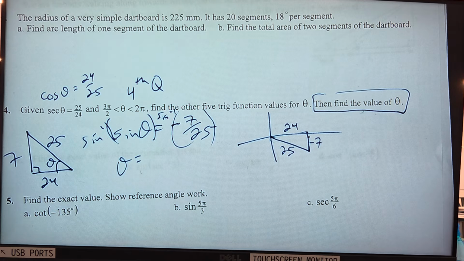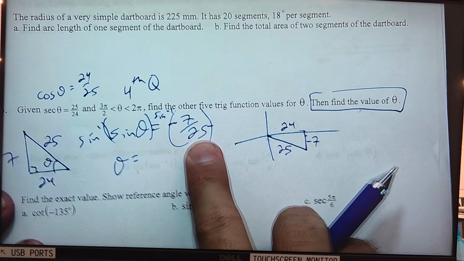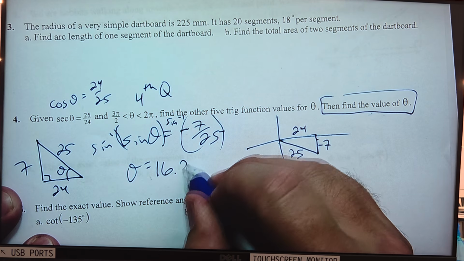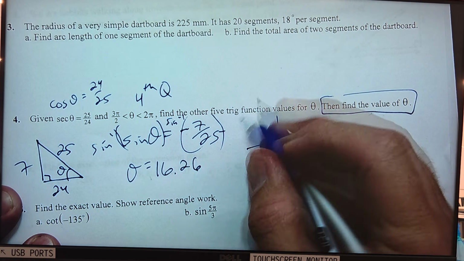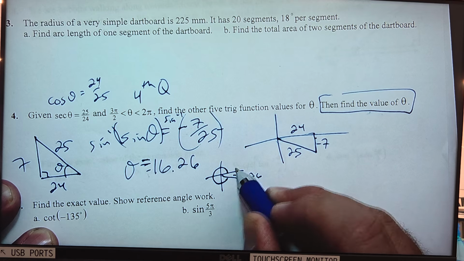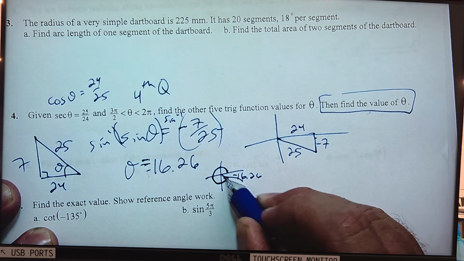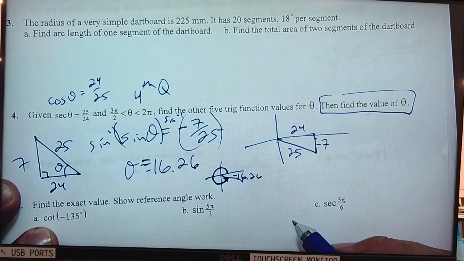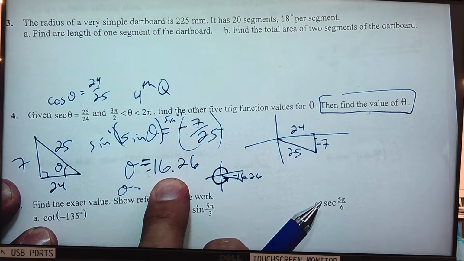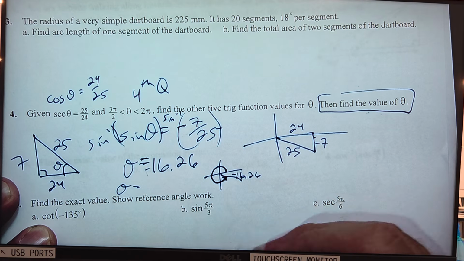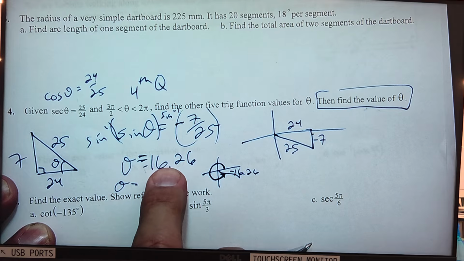So let's kind of do it. Can you guys help me out? I got 16.26. Yep, and it's negative, yes? Negative, yeah. Okay, good. So then, what would the actual angle be? So we got negative 16.26, so what is this? 360 minus 16.26.